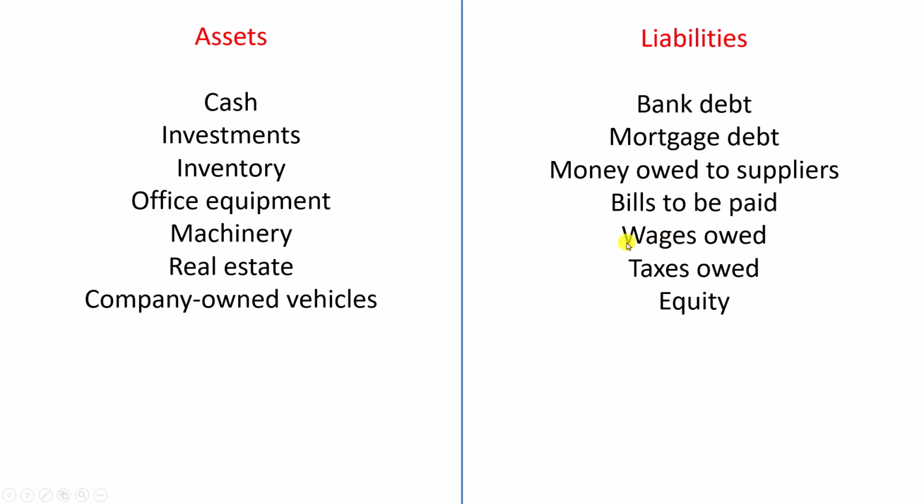So the wages or salaries that are to be paid to the workers come under the category of liabilities. Then the company has to pay tax to the government. So the tax owed to the government would be liability.